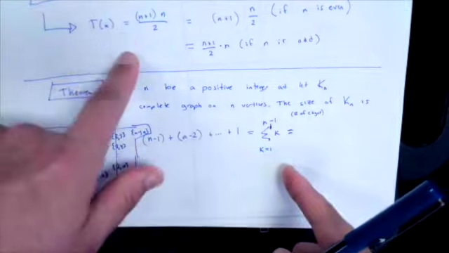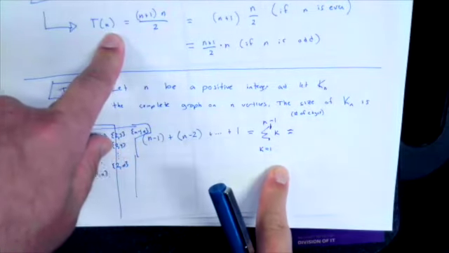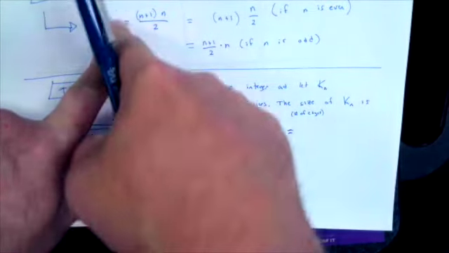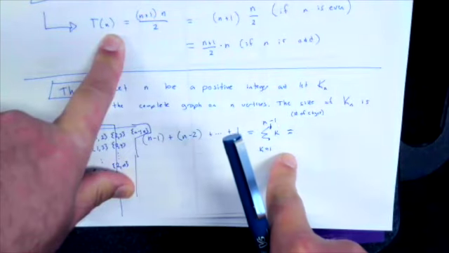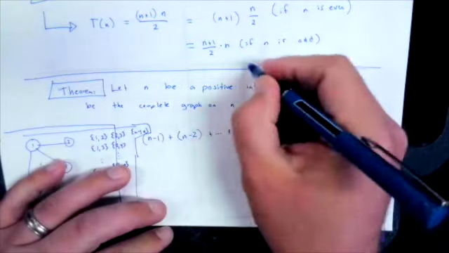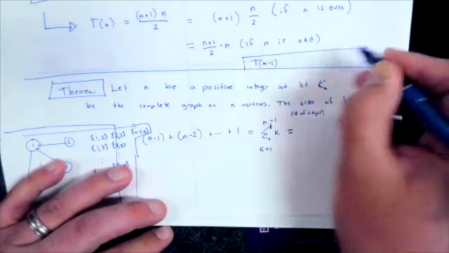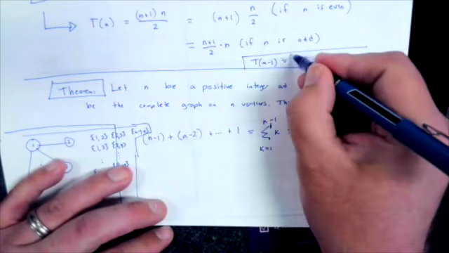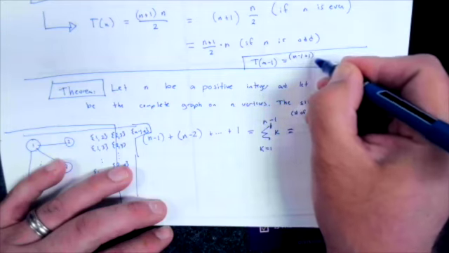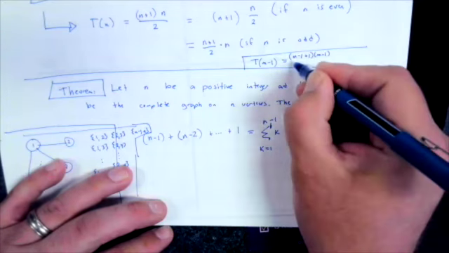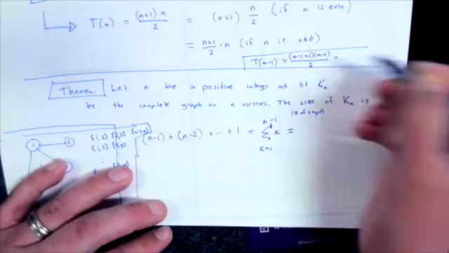Or I can use this formula, but I have to be careful because this is for n, and what I need is n minus 1. So what would T of m minus 1 be? It would be m minus 1 plus 1 times m minus 1 over 2.